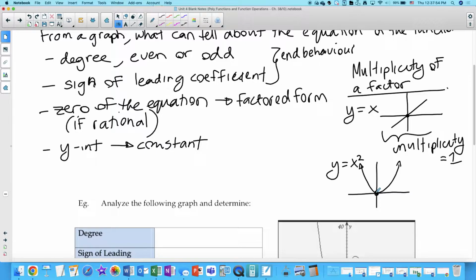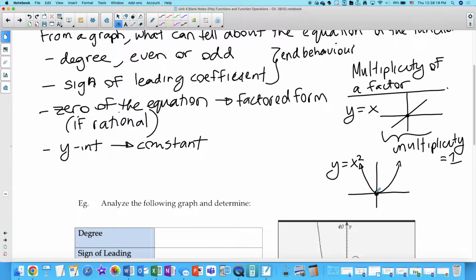Any sort of 0 with multiplicity of 2, or even 4 or 6 or 8, any sort of even multiplicity will hit the x-axis and bounce back up. In fact, what's really happening here is that as x approaches 0, the sign of the function doesn't actually change.